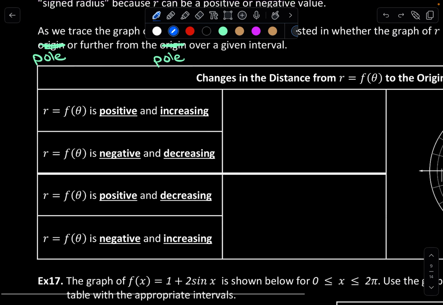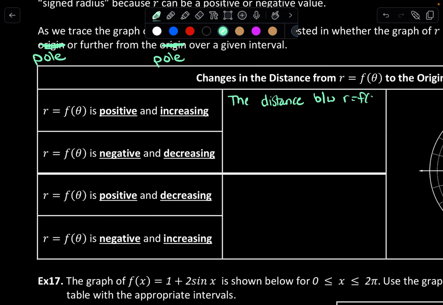So if we look at the left side, it says that when r equals f of theta is positive and increasing, and we also have another statement that says when r equals f of theta is negative and decreasing, when this happens, that means the distance between r equals f of theta and the pole is increasing.